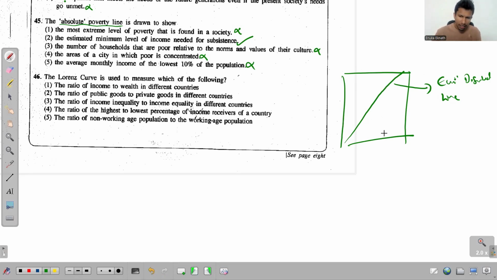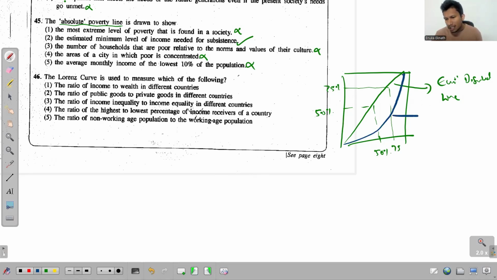It represents that 50% of the population should receive 50% of the total wealth, and then 75% of the population should receive 75% of the total wealth, which means this equidistributed line represents the equality in income distribution.